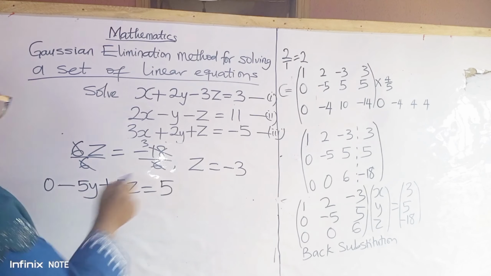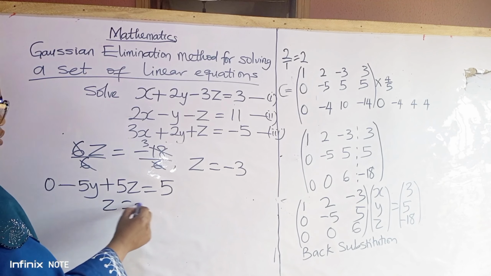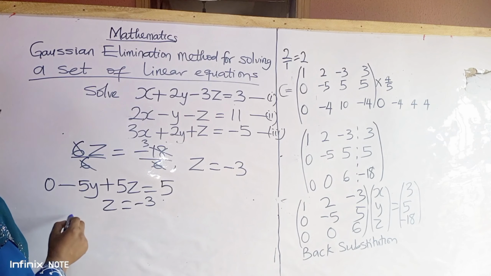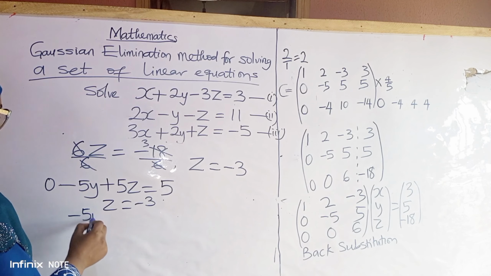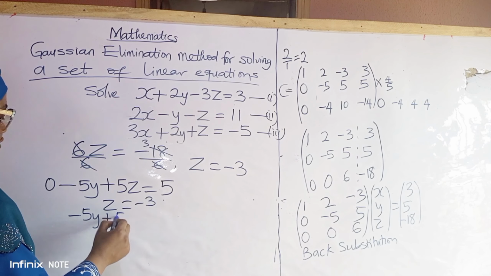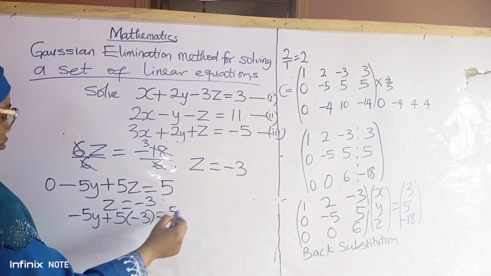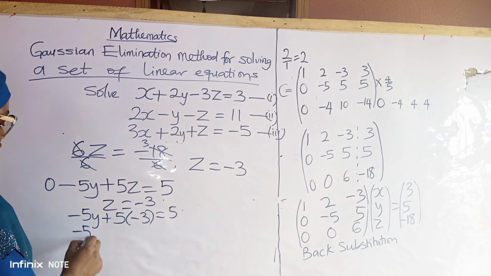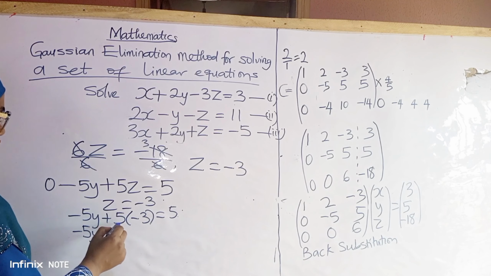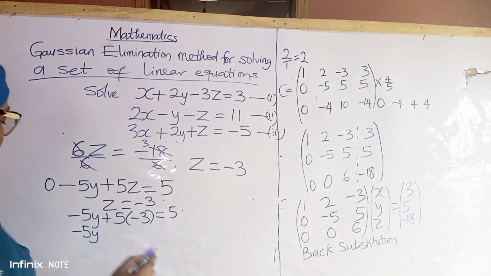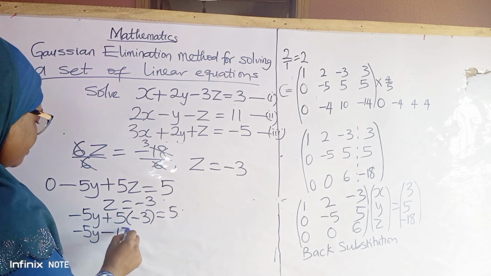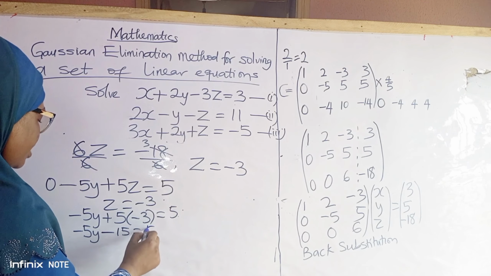Now, recall that our z is equal to minus 3. So I have minus 5y plus 5 multiplied by minus 3 is equal to 5. 5 multiplied by minus 3 is minus 15. Minus 15 is equal to 5.